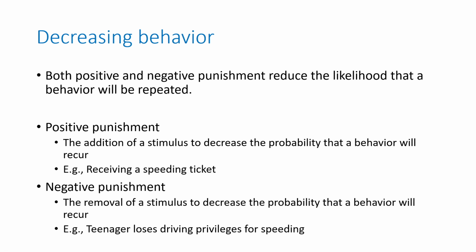Once again, this is about reducing the likelihood that a behavior will be repeated. Positive punishment means we're going to add something that will decrease the likelihood of behavior, and negative punishment is that we're going to remove something that is enjoyable to then decrease the likelihood of a behavior.